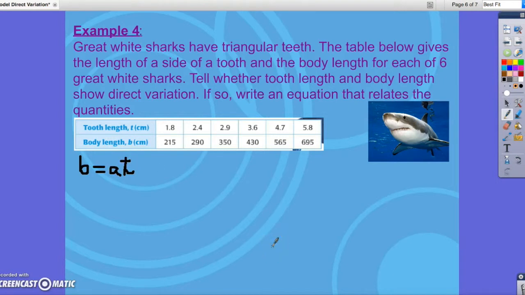So if we know it's b equals at, we want to find a, right? So it's the same idea. We're going to divide both sides by t. So we're going to use the fact that a equals b over t. So each time we're going to take body length and divide it by tooth length.